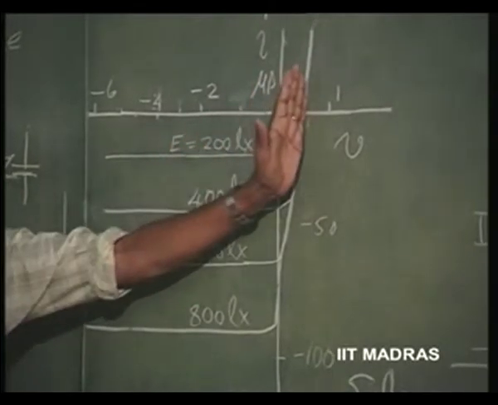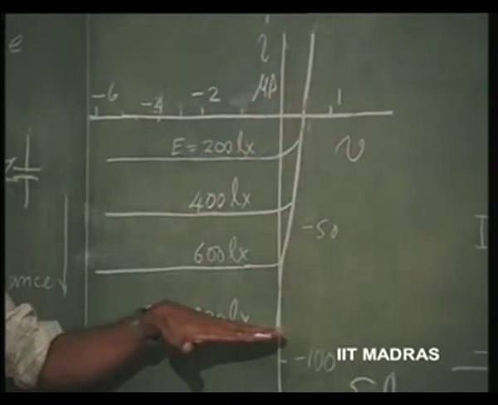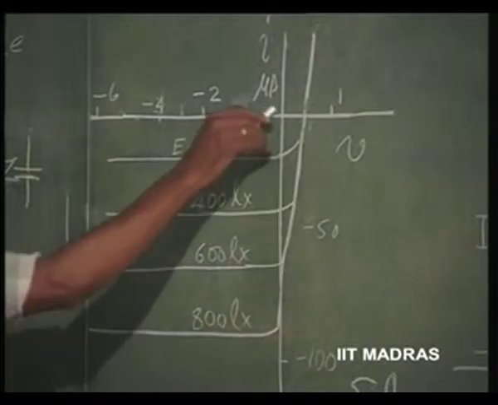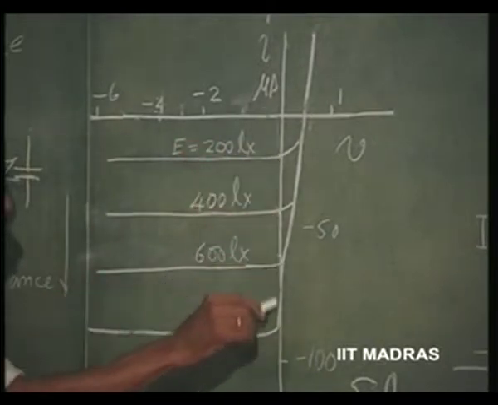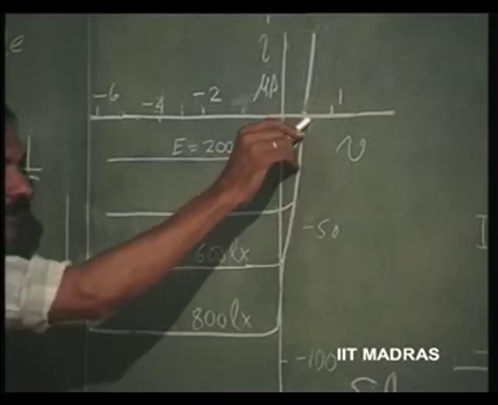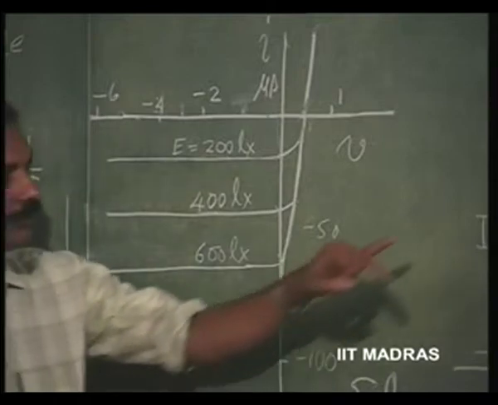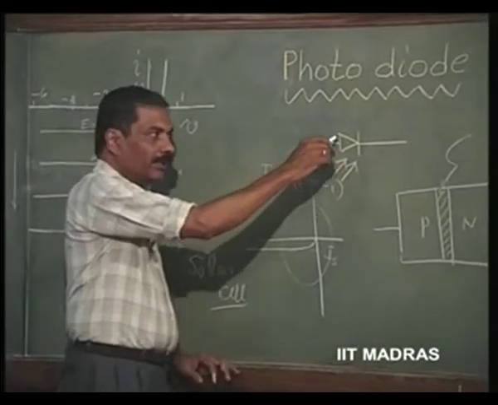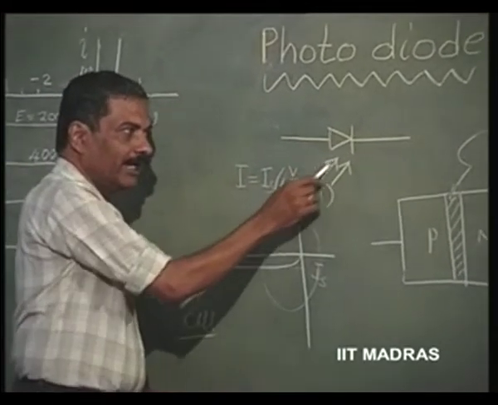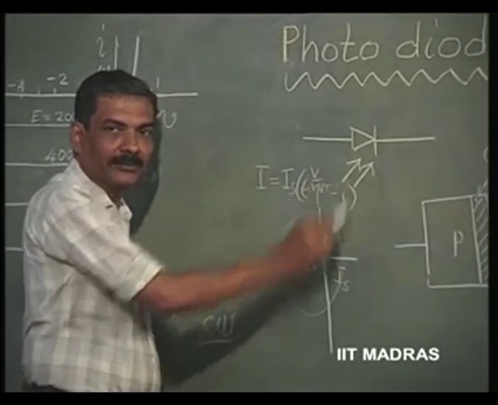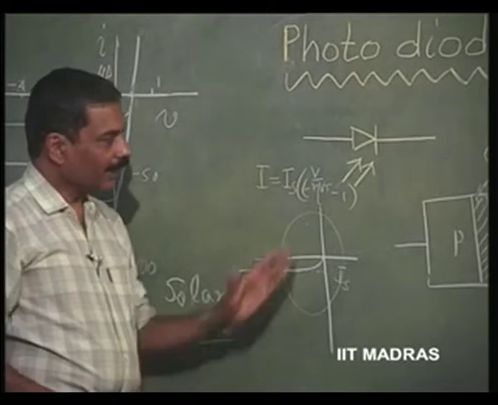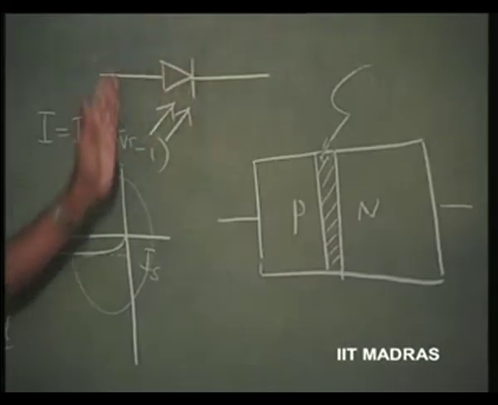This is the open circuit voltage, and this value of current is going to be the short circuit current, for this photodiode or solar cell. And the symbol for that is just the ordinary diode with light falling on the junction indicated by arrows. So, light falling on the junction is indicated; that is a photodiode symbol.